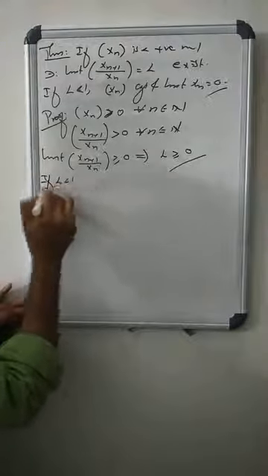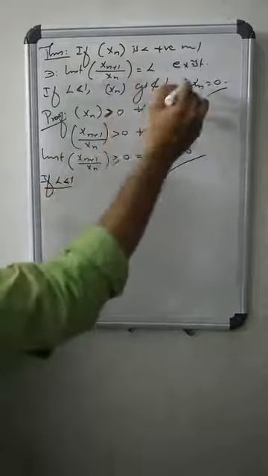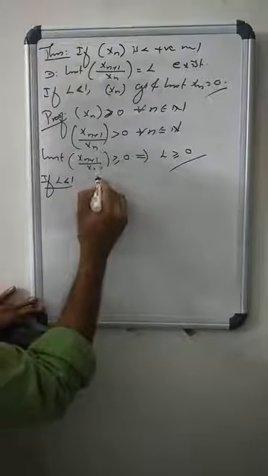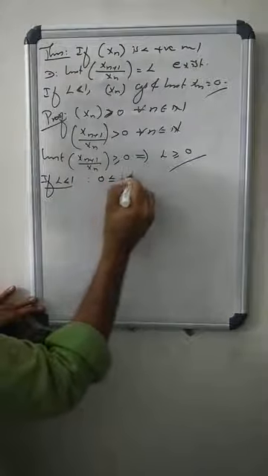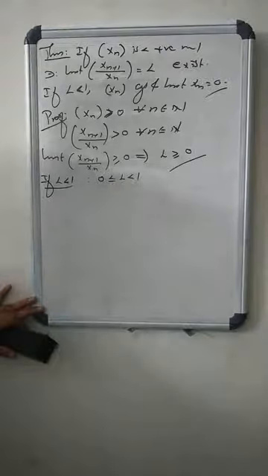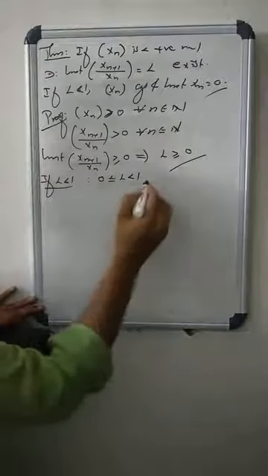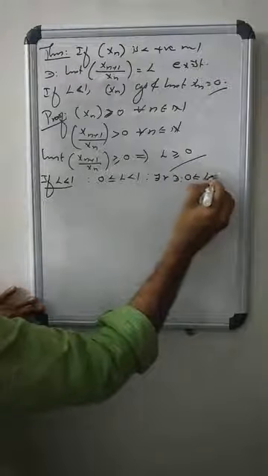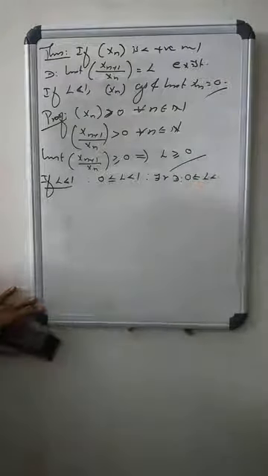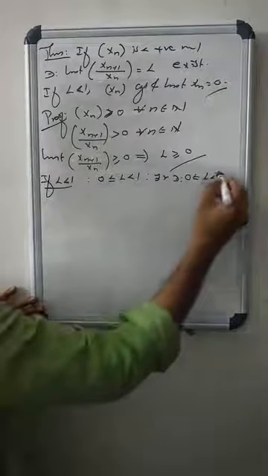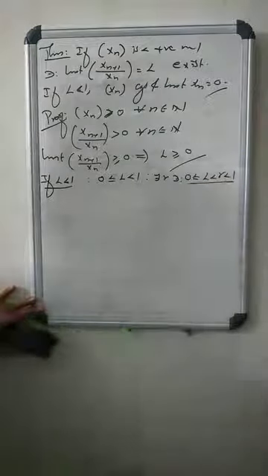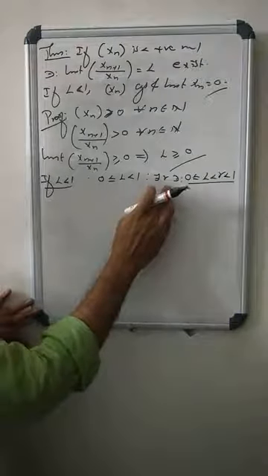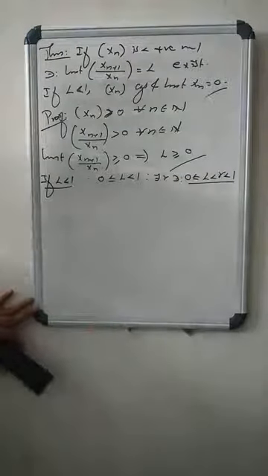Now come to the given condition. If L is less than 1, then we have to prove that {xn} converges and limit xn equals 0. L is less than 1 but L is greater than or equal to 0, so 0 is less than or equal to L, strictly less than 1. Therefore, there exists some R such that 0 is less than or equal to L, less than R, less than 1.